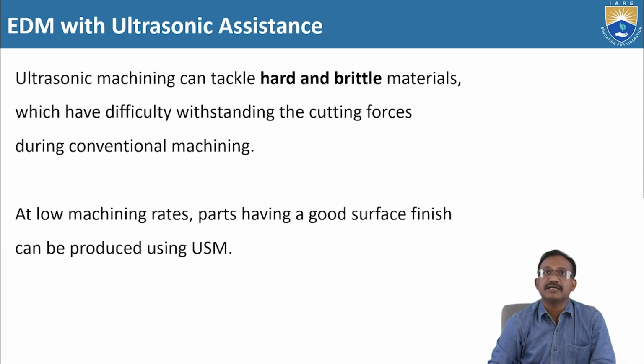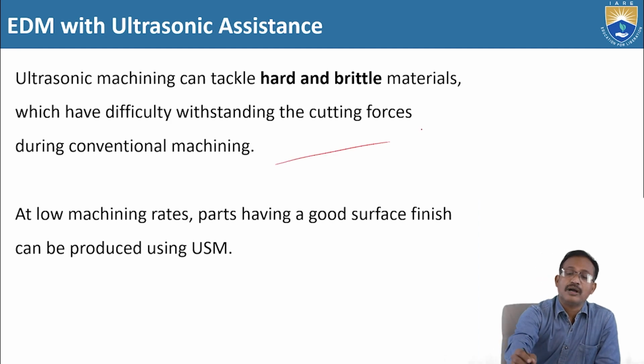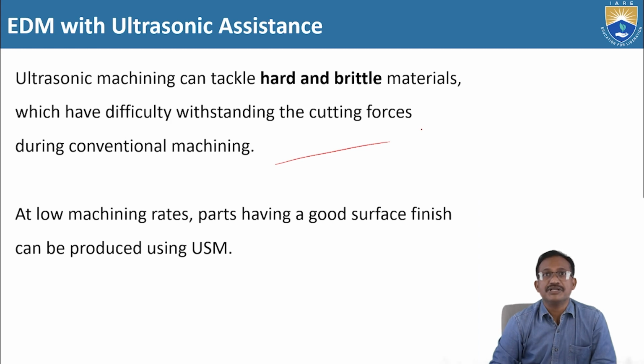Ultrasonic machining can tackle hard and brittle materials which have difficulty withstanding the cutting forces during conventional machining. Already we have come across conventional or traditional machining processes. There, the machining of hard and brittle materials is very tedious and difficult.